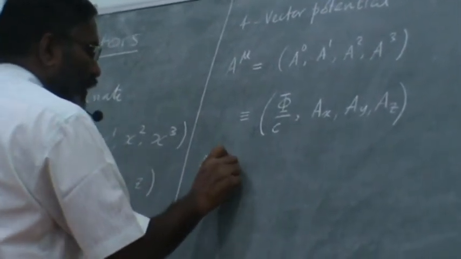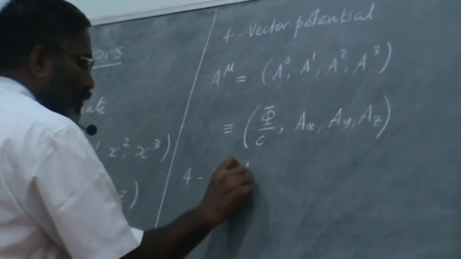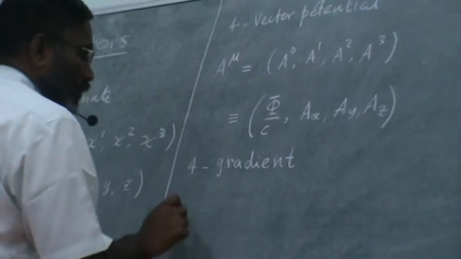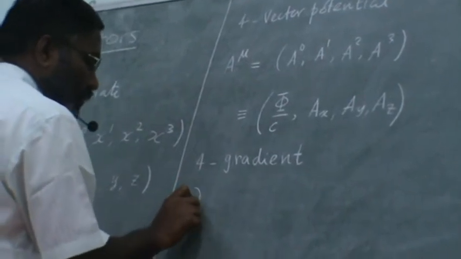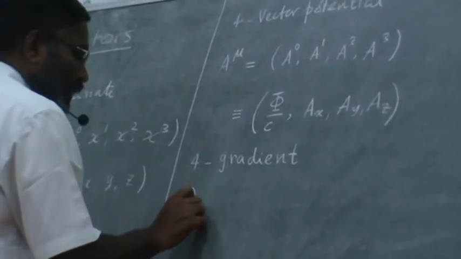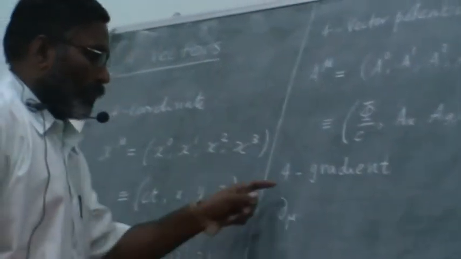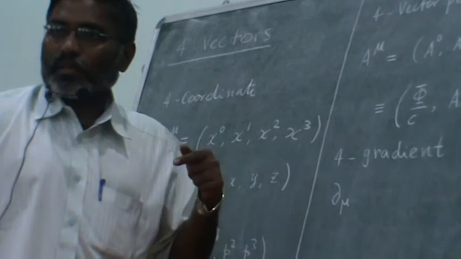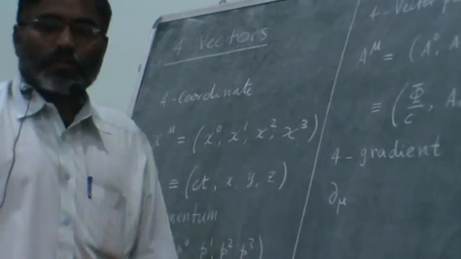Now, for the gradient operation, I will write it as del_μ, because as we said, the gradient is a one form. It transforms like a one form.